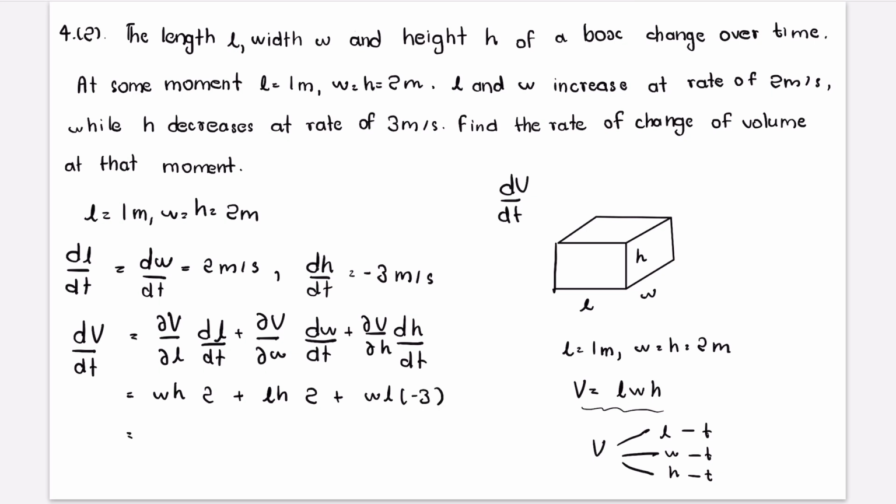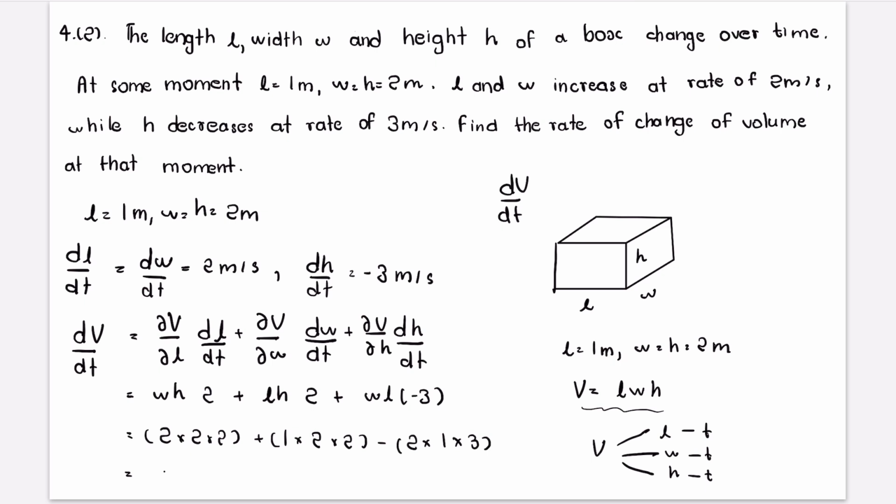What is W? W is given as 2, H is 2, and 2. L is 1, H is 2, and 2 is minus. W is 2, L is 1, and 3.